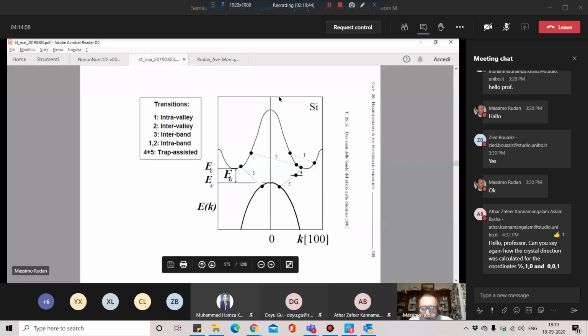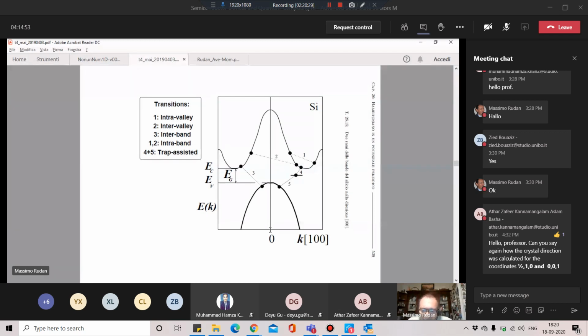What is this rectangle? On the vertical axis, we have total energy because we want to express energy as a function of the average momentum, so E of K. On the horizontal axis, we have the K1 component of K. The origin is the gamma point, because we must consider only one interval of periodicity in the reciprocal scaled lattice.